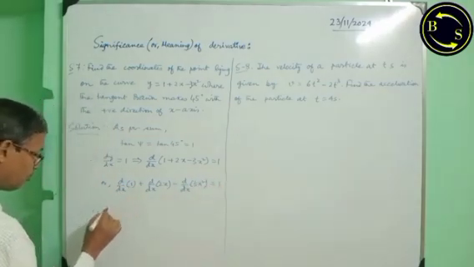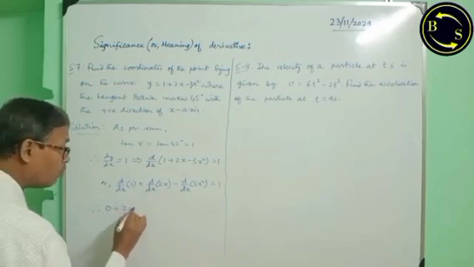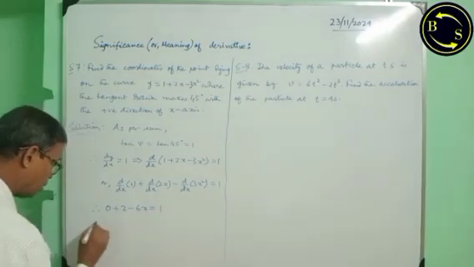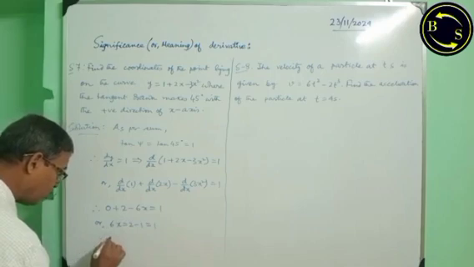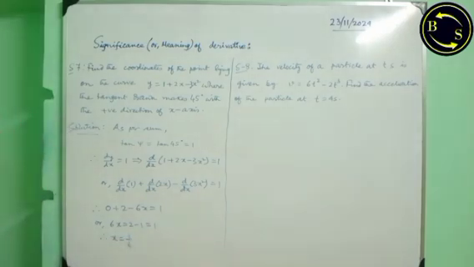Therefore this is 0, this is 2 minus 6x equal to 1, or 6x equal to 2 minus 1, that is 1. Therefore x equal to 1 by 6. Now we have got the value of x.